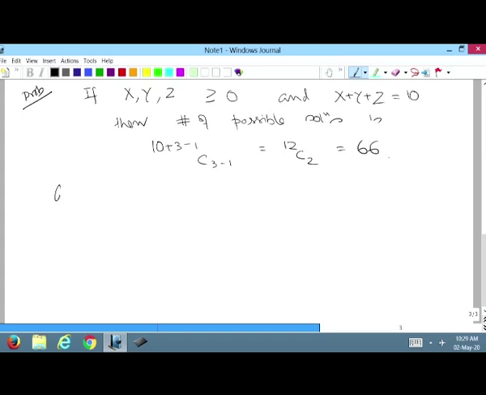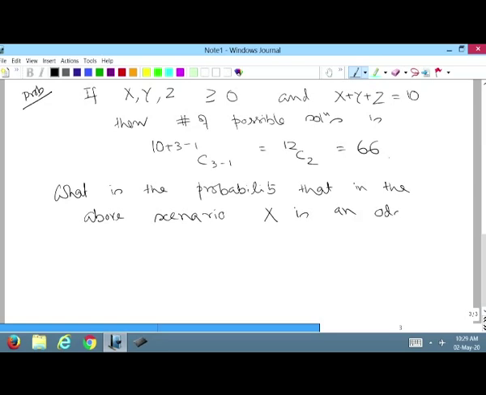Now, what is the probability that in the above scenario x is an odd number?